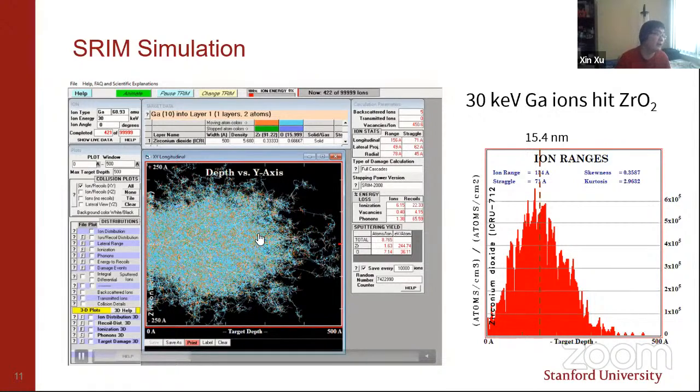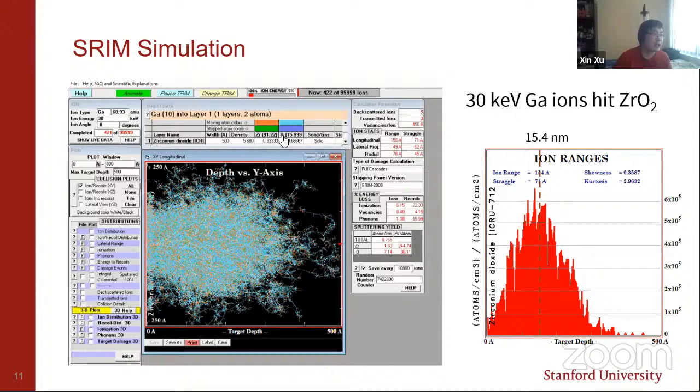So the implantation will be much more serious than you expect. If you look at the distribution after some simulation, it gives you a histogram here, and the mean distribution shows that this 30 kV gallium ion can penetrate up to around 15 nanometers.